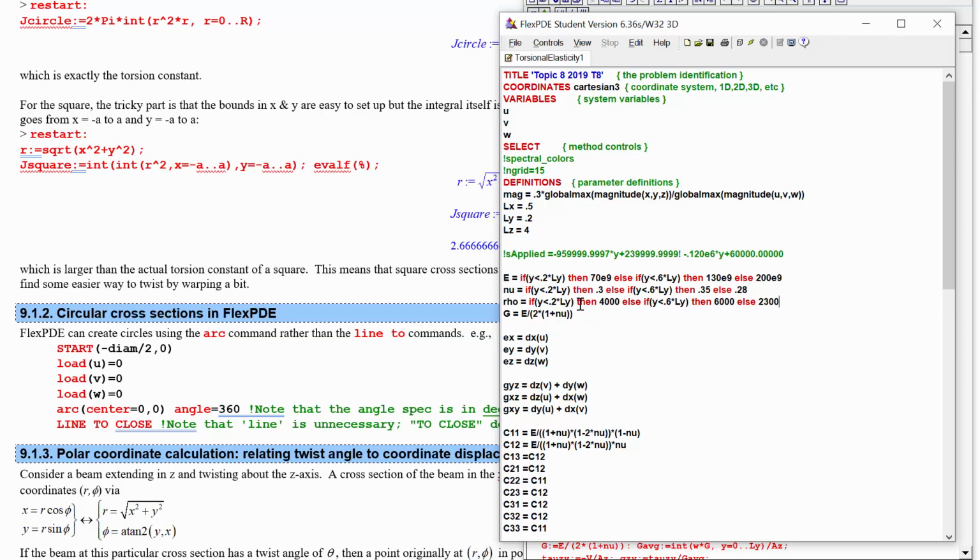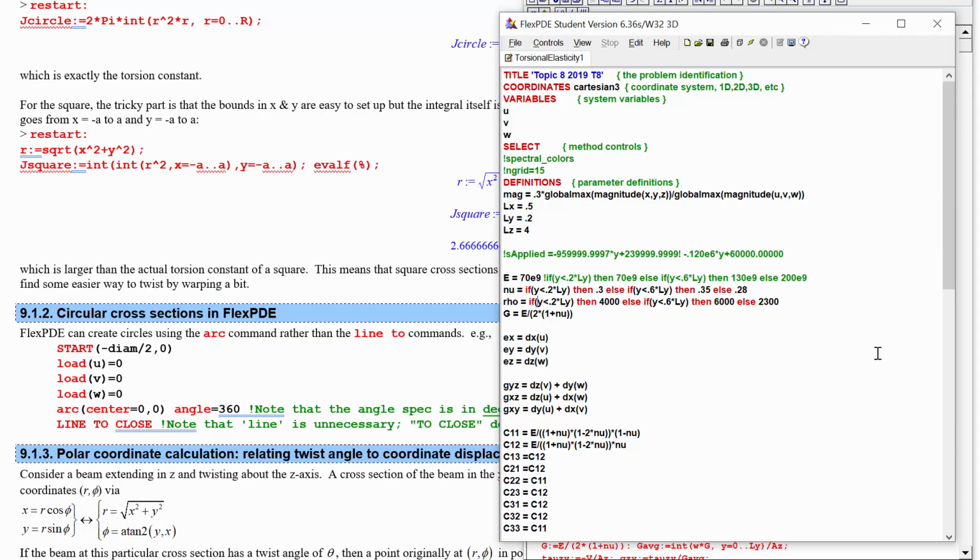So we made the material that was at low Y values less stiff and heavier than the material that was at high Y values. That material was more stiff and lighter. So that's the reason behind this bending.